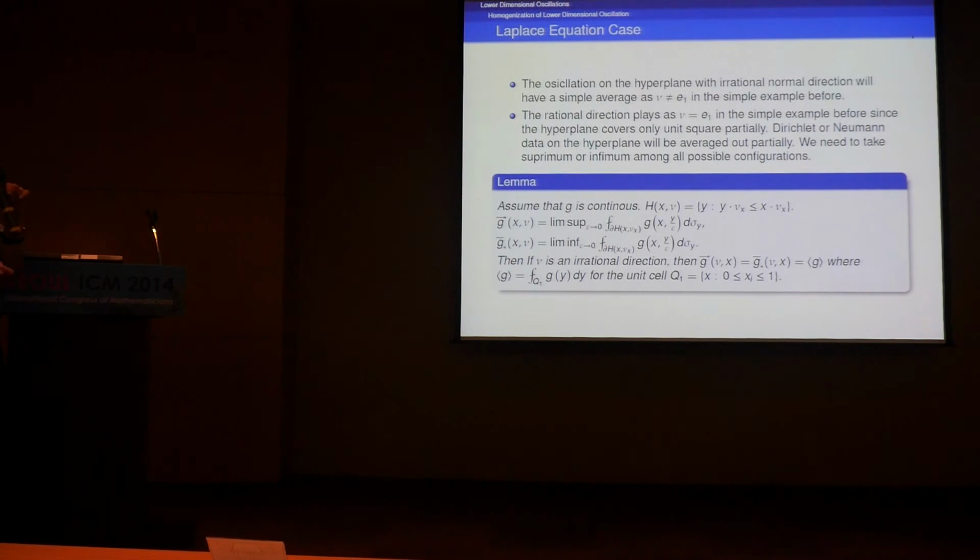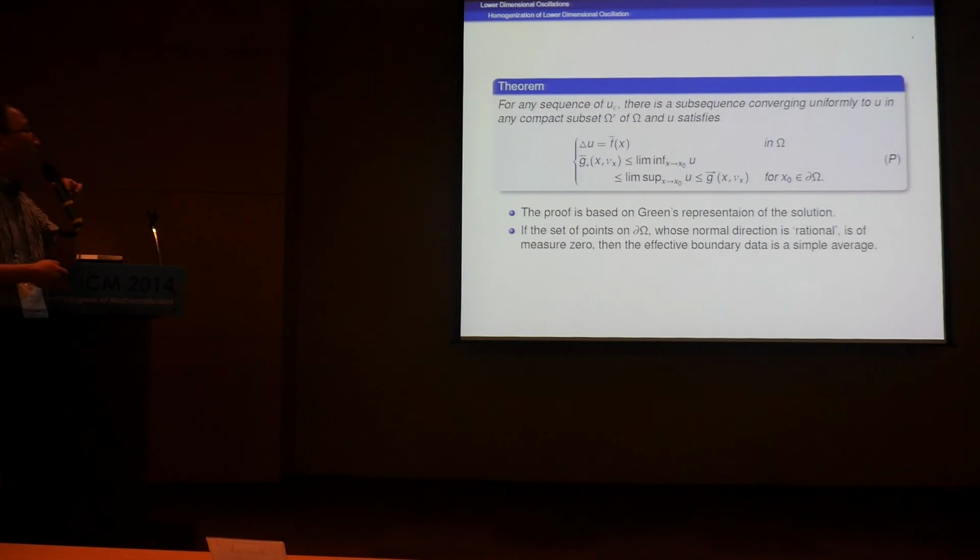The result is that in the interior you end up with a simple average, but the boundary value will lie between these two possible values. You can justify this through the Green representation, and if the direction is irrational, then these two values will be the same. Then your boundary value will be the simple average.